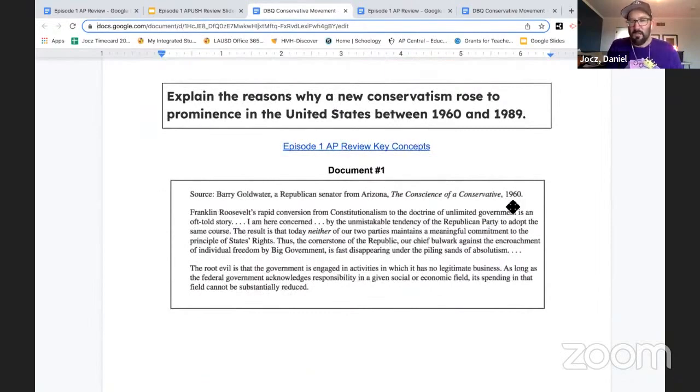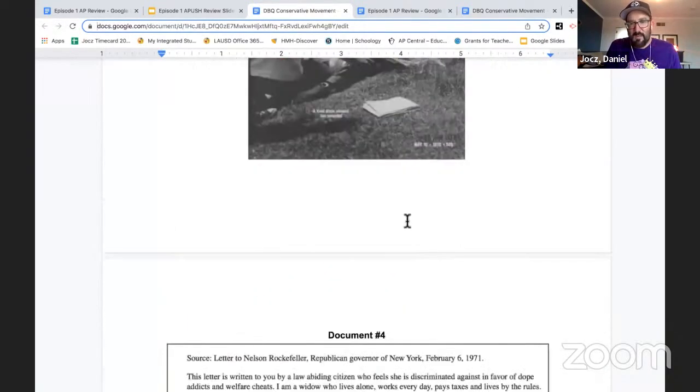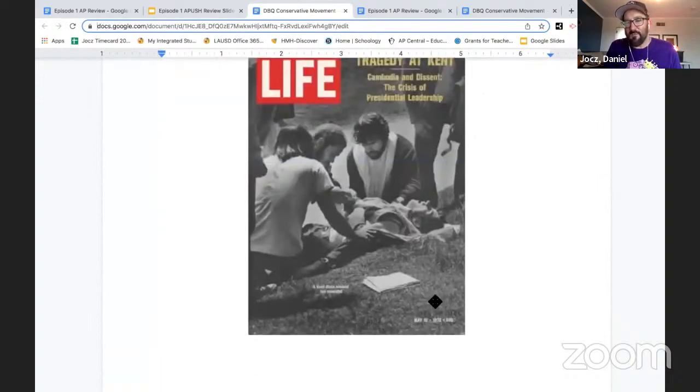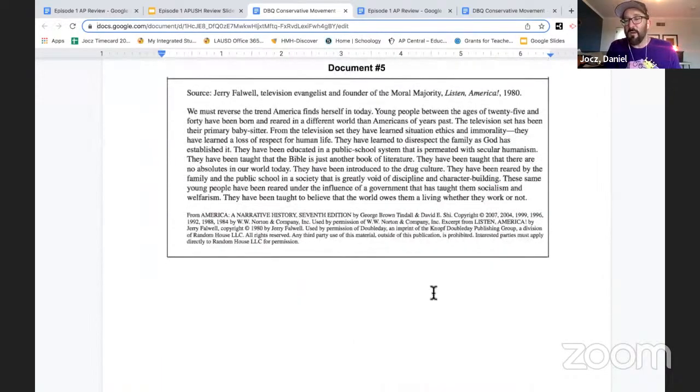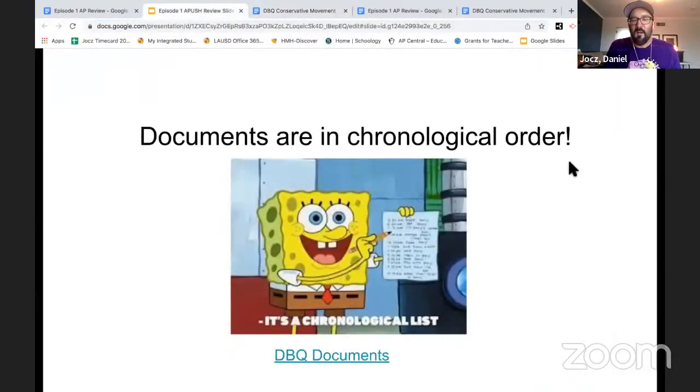So if you take a look, we have 1960, 62. This one is a cover of a magazine from 1970, 71. They're in date order, which can help in the analysis. Keep that in mind as well.